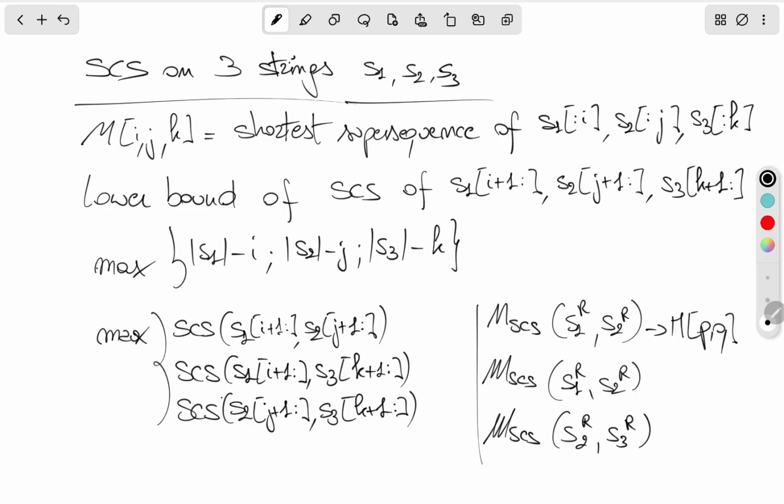It's a heuristic. So I have no guarantee that this lower bound is good enough and that the overall three-dimensional matrix is going to be visited only in a small part. We have to run it in practice on the actual data to see if it works or not. In practice, it works. Usually, it's a good heuristic.